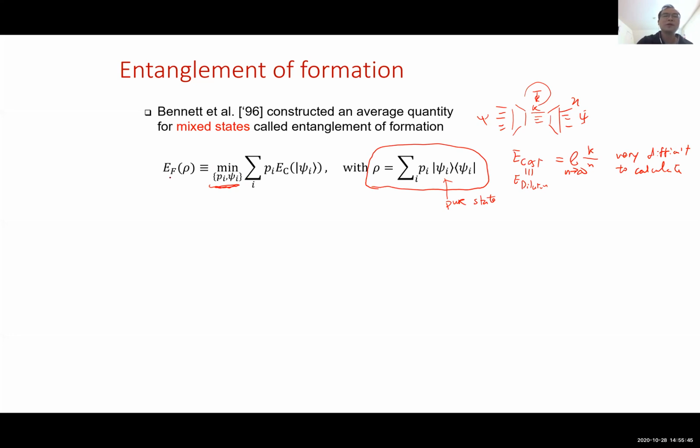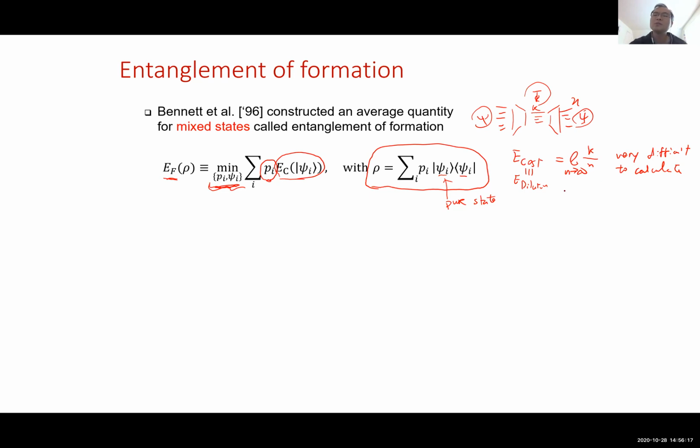So I want to define something called entanglement of formation, which is the average over the component of entanglement cost. So the average is the probability of getting psi i, multiplied by the cost to create that psi i, and you sum over that, and you minimize because you want to find the minimum cost.